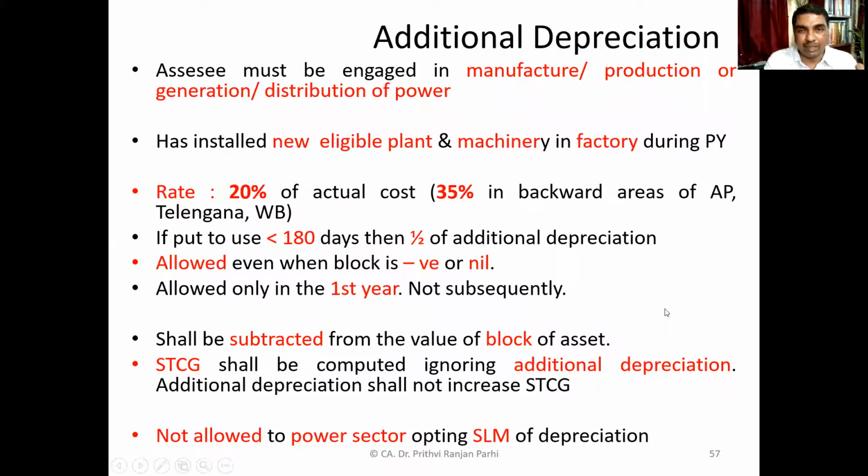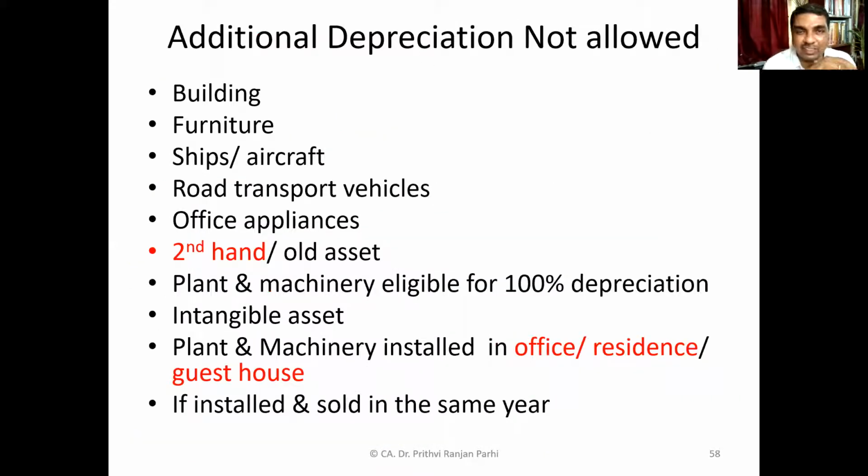So broadly, I have explained to you the concept of additional depreciation. There are certain specific areas where the additional depreciation is allowed at the rate of 30% also, 35% also. Normally it is 20%. It's allowed even when the block is negative or nil, and allowed only in the first year, not in the subsequent years. That is the concept of additional depreciation.